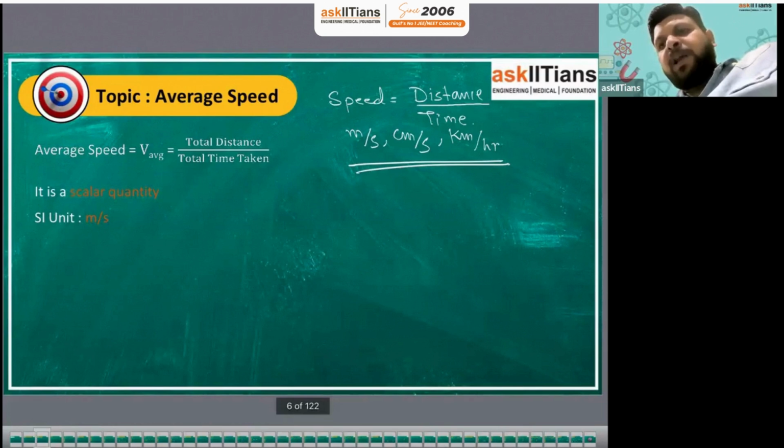For average speed, the concept is total distance upon total time taken. This is a very basic formula, and you should always use it for the calculation of average speed.